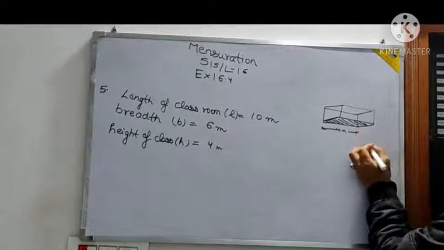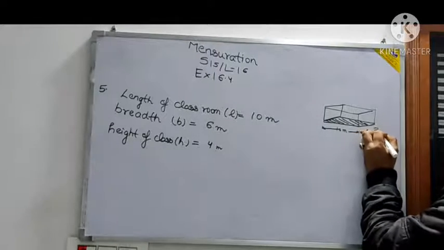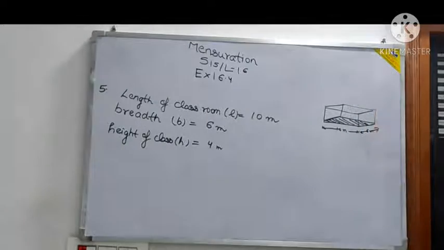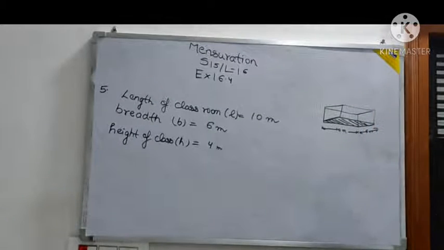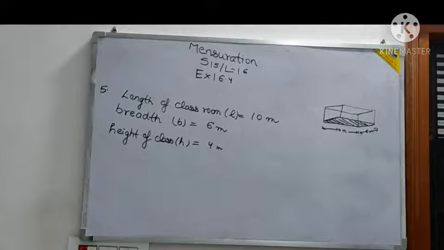Then what is the breadth? 6 meter. So in this 10 by 6 only they will be sitting. So 60 meter square. Yes, meter square. So that way it is a direct question.